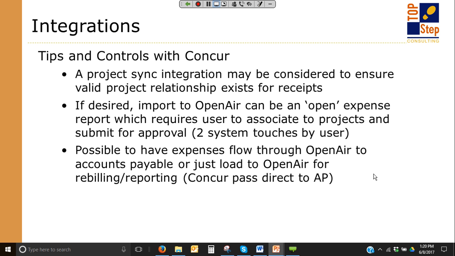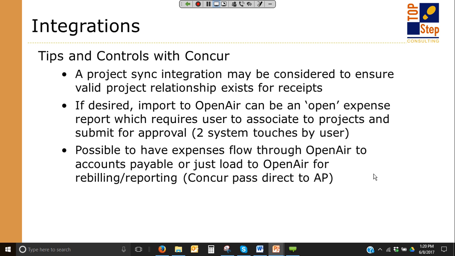That is, if you want Concur to pass approved expenses wholly into OpenAir and be project smart. So you have to end up having some kind of data flow, some kind of integration backwards into Concur so that you get a list of valid projects. And then once those projects are picked on the receipts, then of course that's how you can import it into OpenAir.